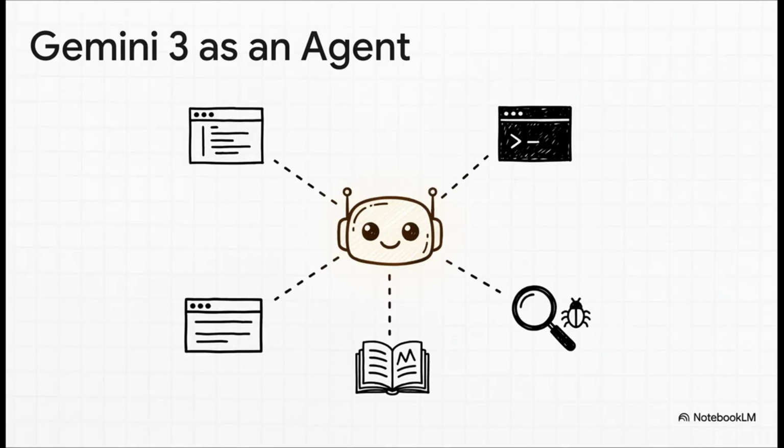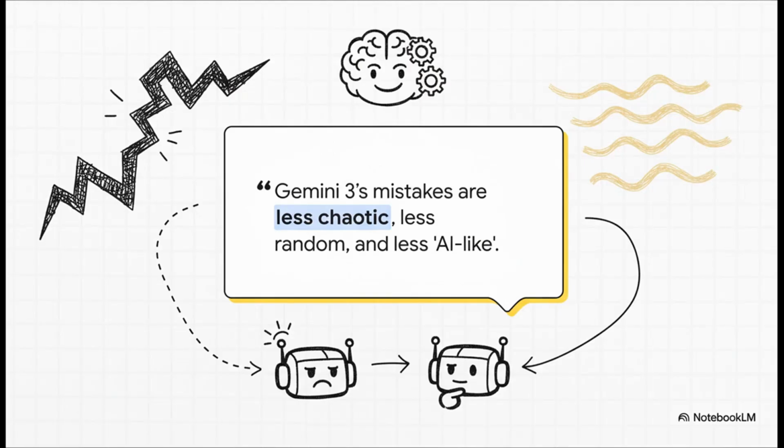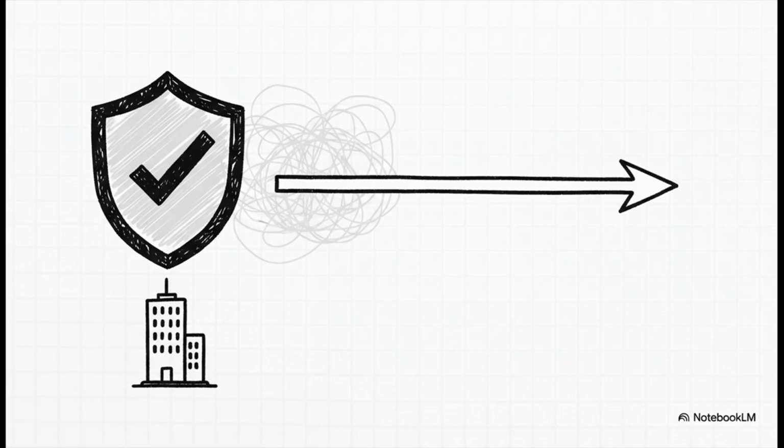So it can actually use your tools. It can write in your editor, run terminal commands, and even debug. And check this out. It's actually more reliable at using a computer than GPT 5.1 on this benchmark. You know, even its mistakes are better. They're less random and more like human errors. And that's huge, right? It makes debugging its output so much easier and builds trust for production use.